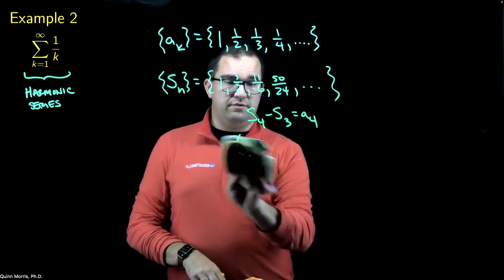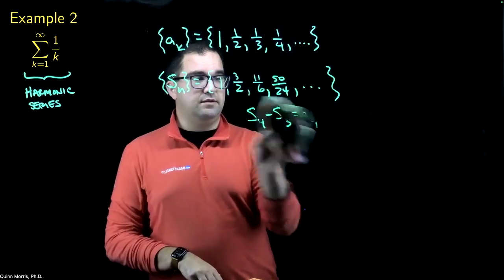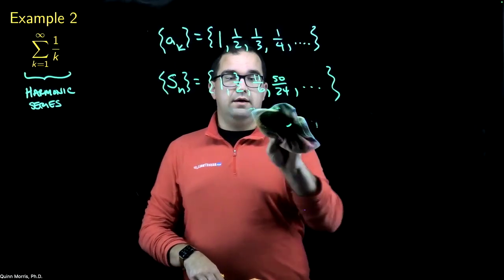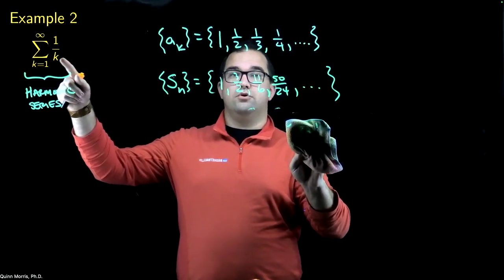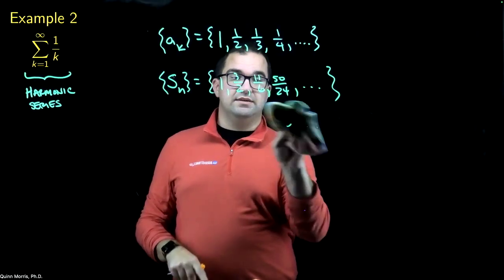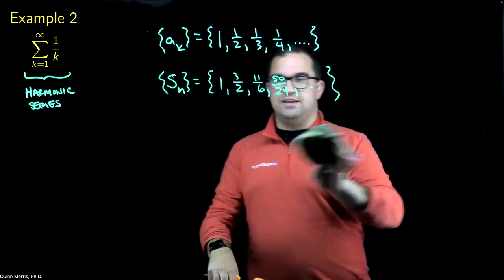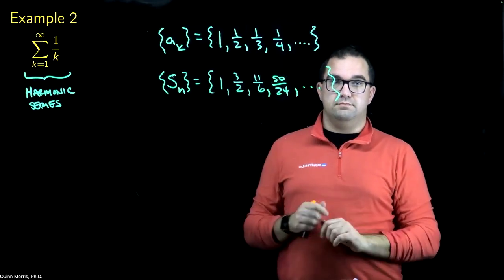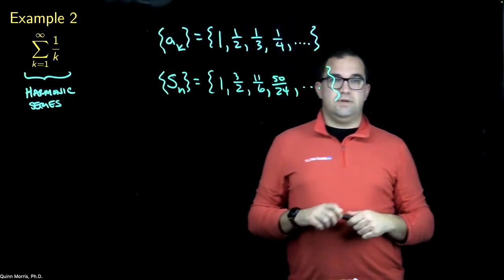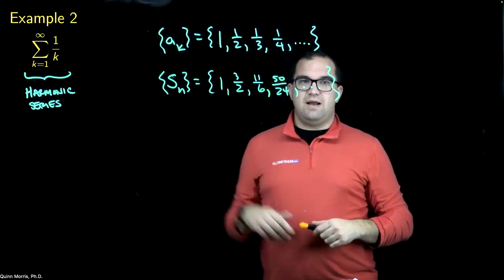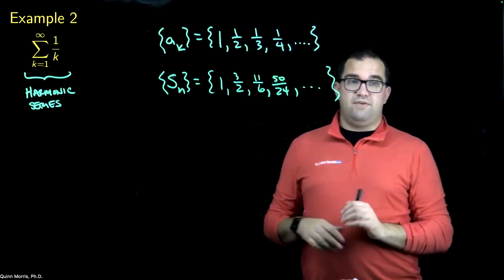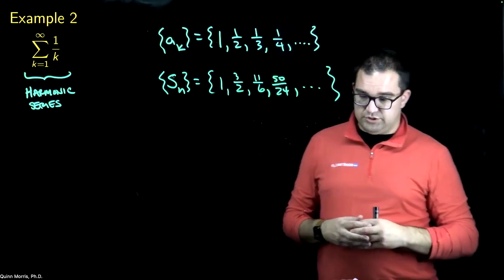It is not enough for the terms of your series to be going to zero. That's the same as saying that the difference between any two consecutive terms in your sequence of partial sums is going to zero. In fact, you can find many proofs of the fact that the harmonic series diverges.